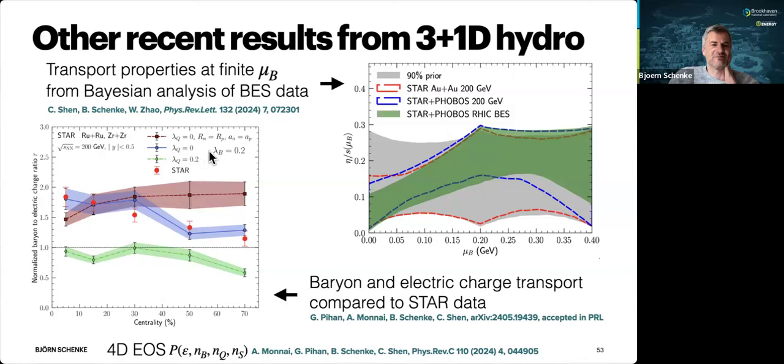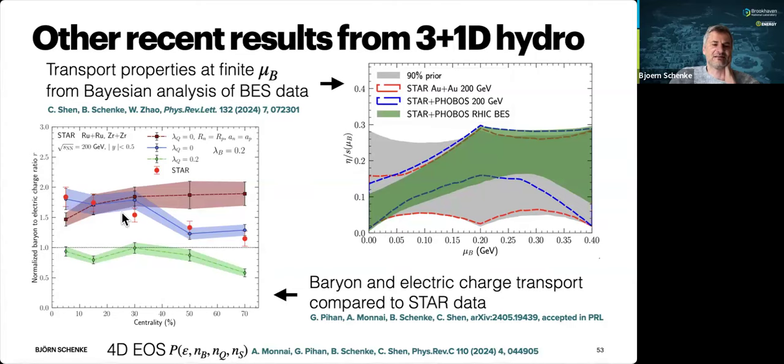So it's a ratio between essentially electric and baryon charge stopping at midrapidity. If baryon charge and electric charge are stopped the same way, you get the green curve. If they're stopped differently, and you also include the neutron skin of these nuclei, then you get the blue curve. And if you ignore the neutron skin, you get the red curve.